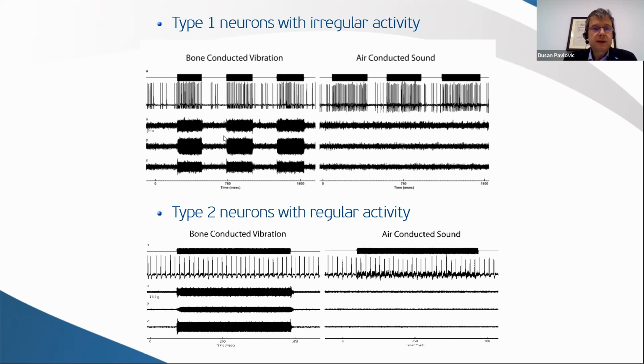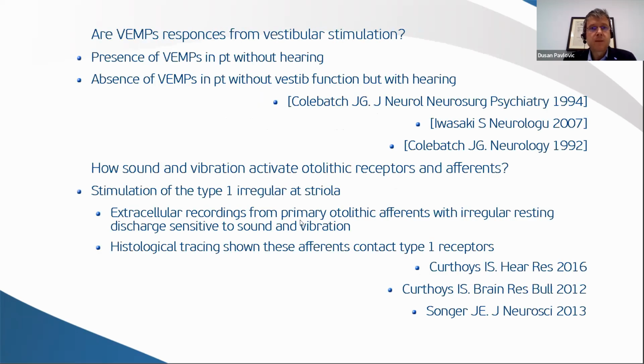As we can see, they respond really well to bone vibration and air conducted sound. But type 2 neurons, which are innervated with regular activity vestibular afferents, don't respond to change in bone vibration or sound.